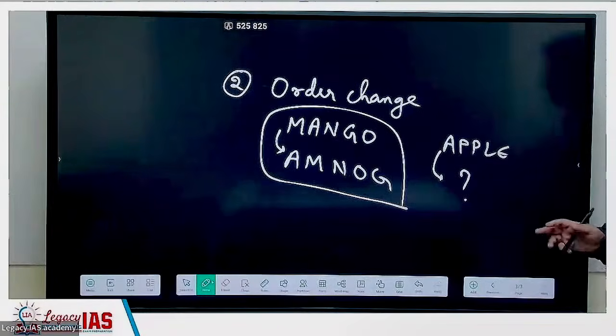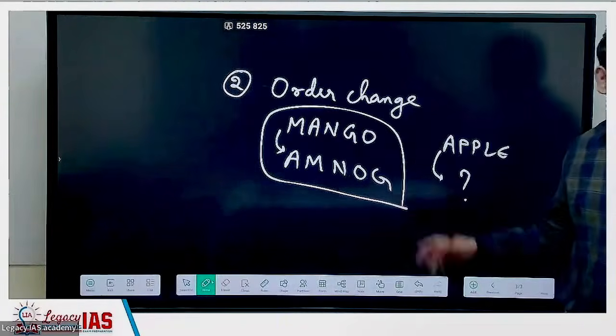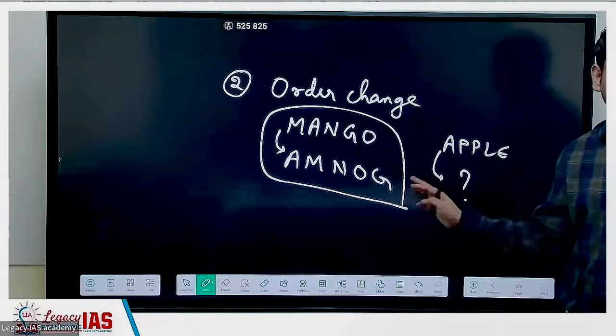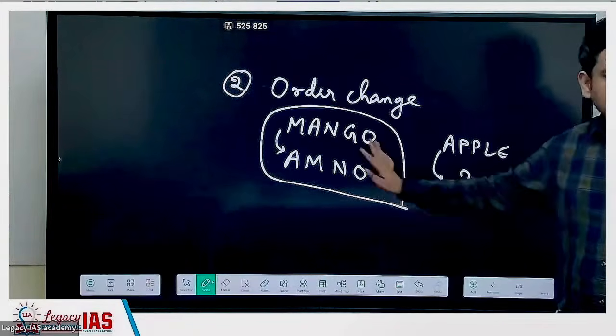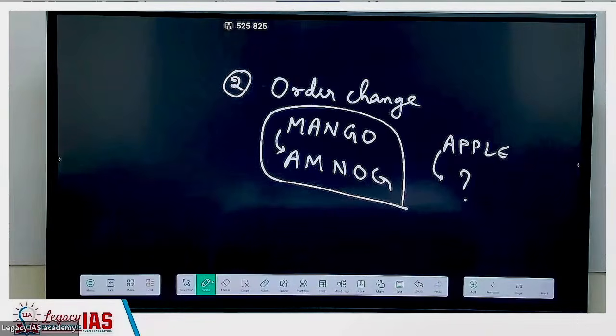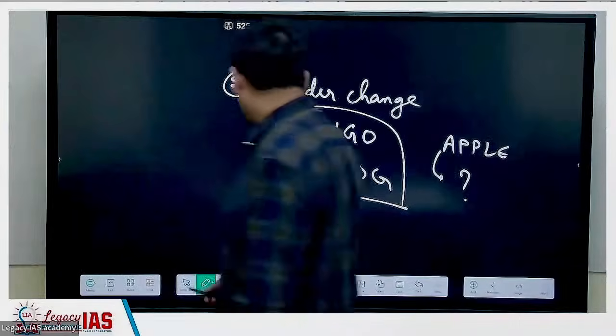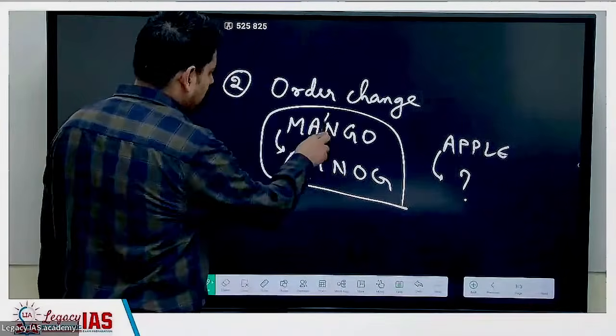What you need to see is that there is just a change of order. It's the same word, just jumbled up. So you see how the pattern is here, and apply the same pattern here.